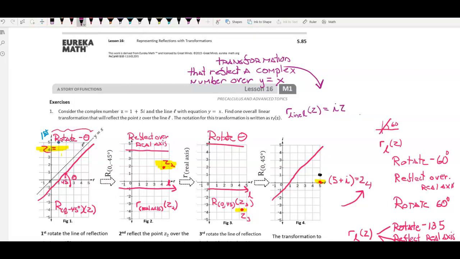Okay, so that's i. Let's see, here's z. So the conjugate of z is 1 minus 5i. So that's i minus 5i squared.